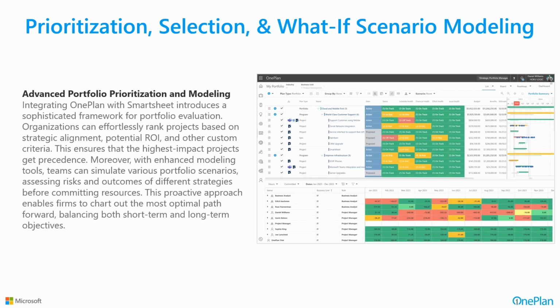Be able to prioritize and select, and be able to ongoingly look at things in what if scenario modeling. Say, here's our current portfolio we're anticipating doing. Do we have the resources to do that? Or are we already constrained or over allocated? Do we have the dollars and the budgets to do that? And can we evaluate alternatives and scenarios? OnePlan provides that in the mix.